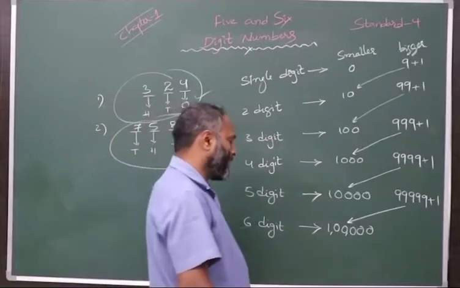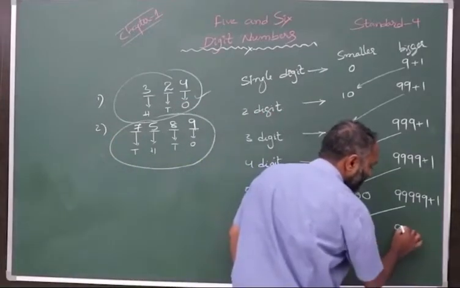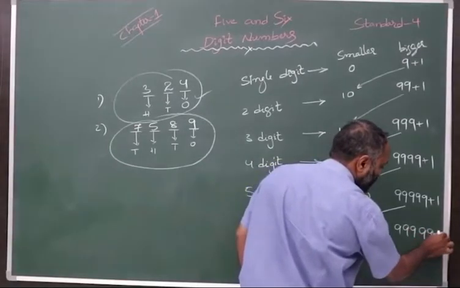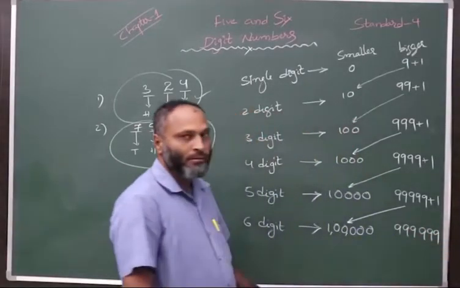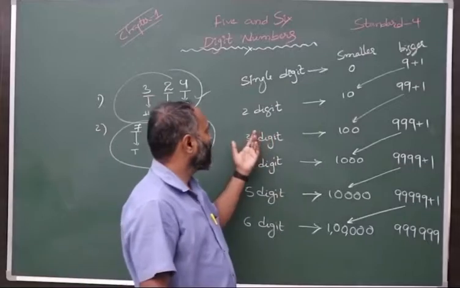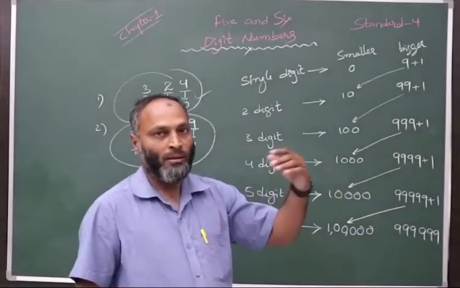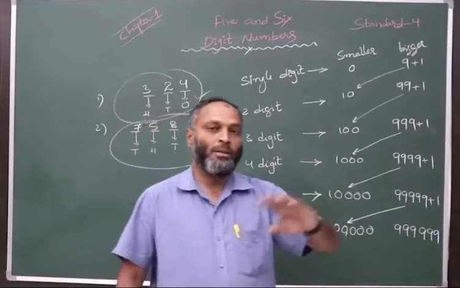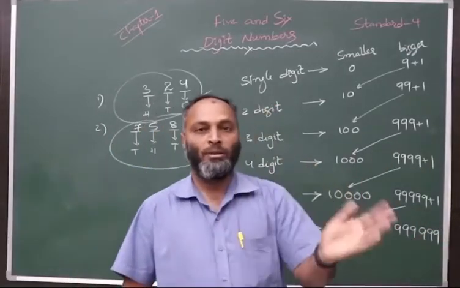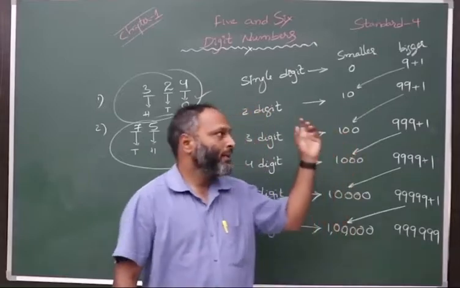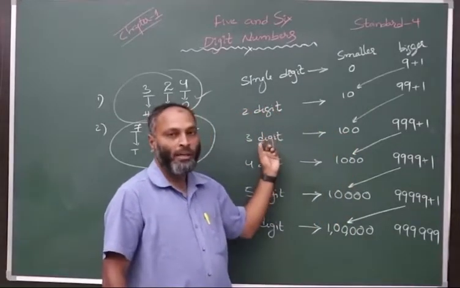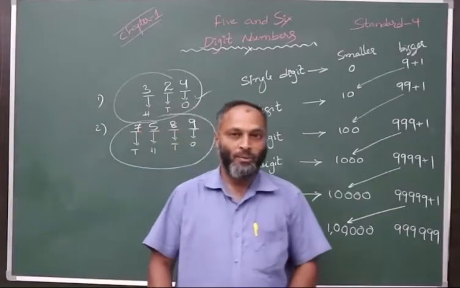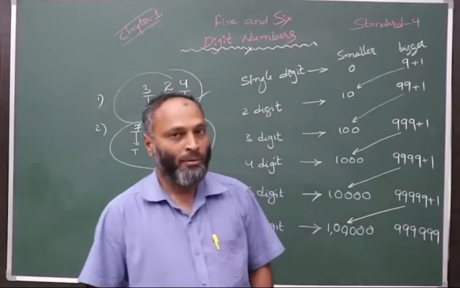In the same way, the 6 digit larger number is 9,99,999. So this is the way to find the smaller and bigger numbers in single digit, 2 digit, 3 digit, 4 digit, 5 digit and 6 digit numbers.